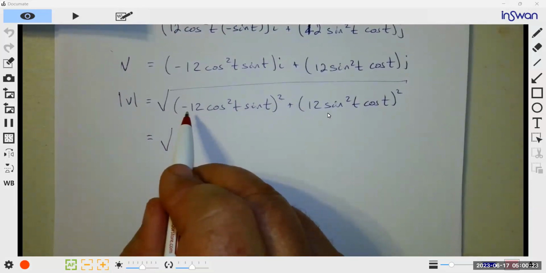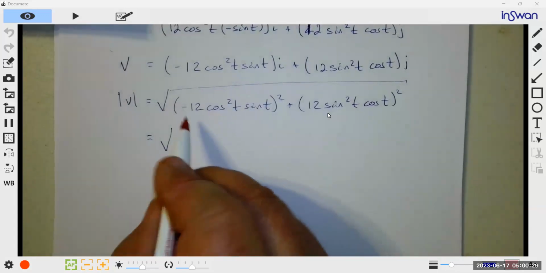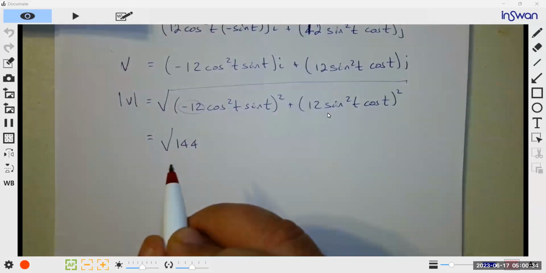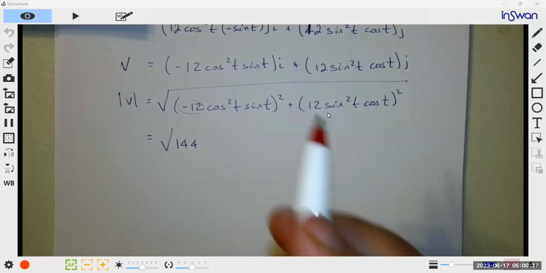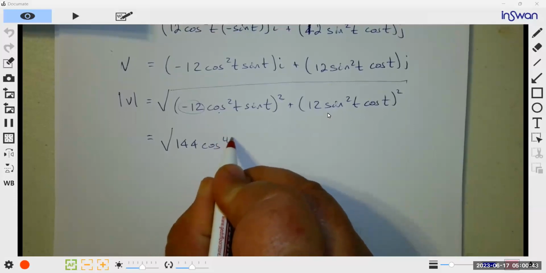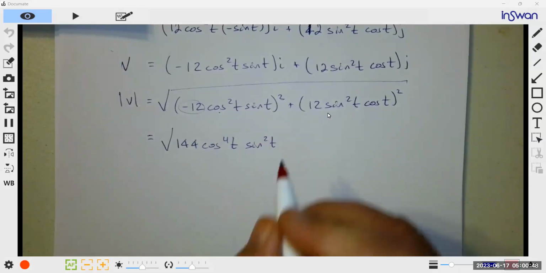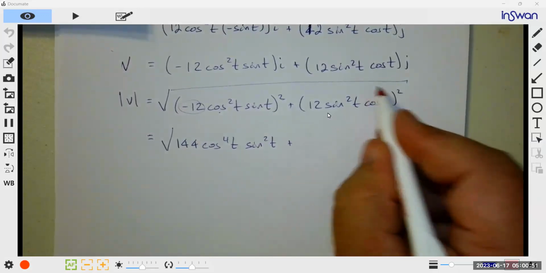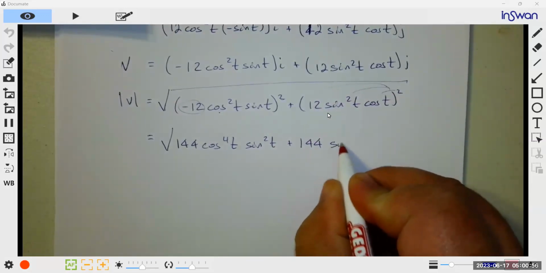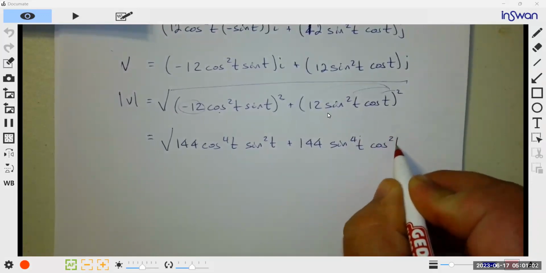So for this one, distribute the whole thing. Negative 12 squared is 144. Cosine squared squared is cosine to the 4th t, and then sine squared t. Same thing here: sine to the 4th t cosine squared t.